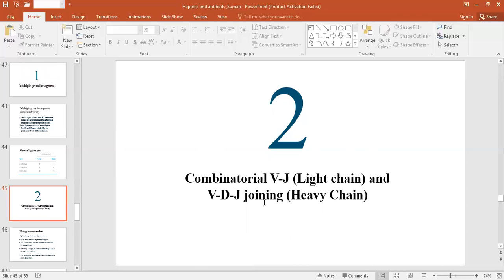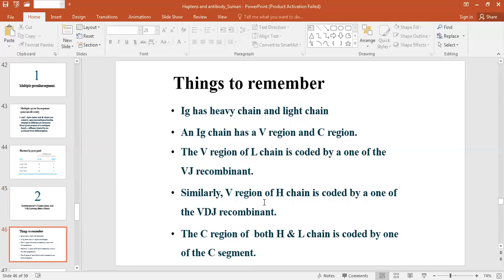So combinatorial variable and joining in the light chain, and then VDJ joining in the heavy chain, that we have discussed. So here we need to remember a few things to recognize this recombination. First thing is that the immunoglobulin has 2 chains, heavy and light chains.